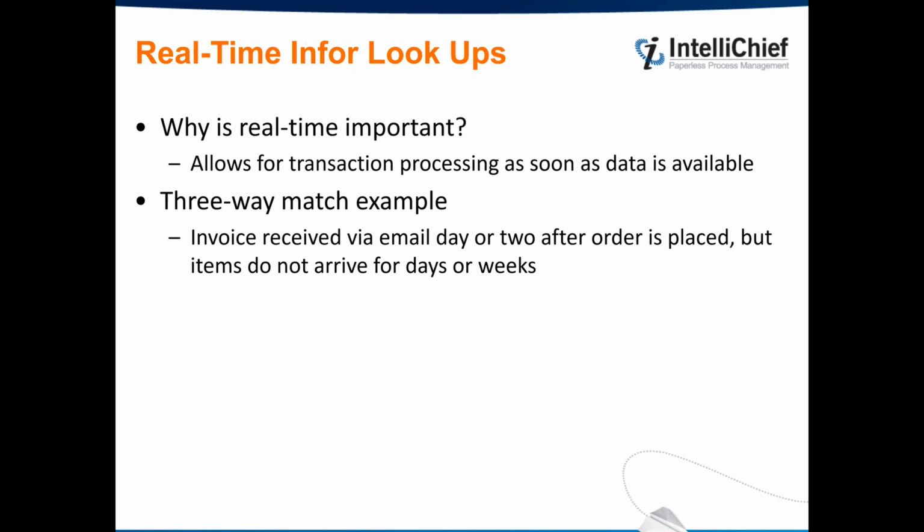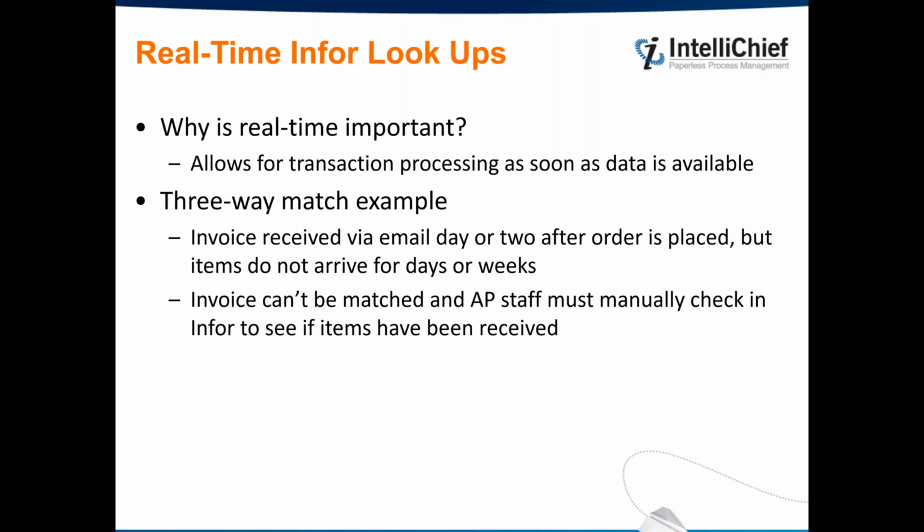So what your users have to do today, right, is they keep going in and checking, depending on what ERP system it is. And so the invoice can't be matched because the stuff hasn't been received. There are several ERPs where folks have to actually key in the invoice to check receipts.